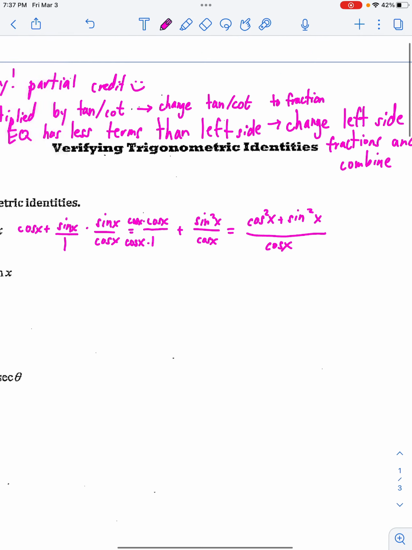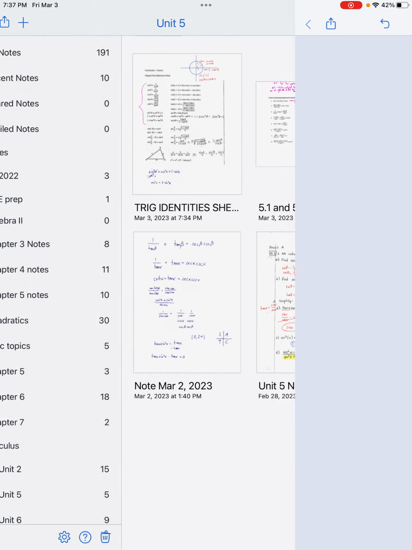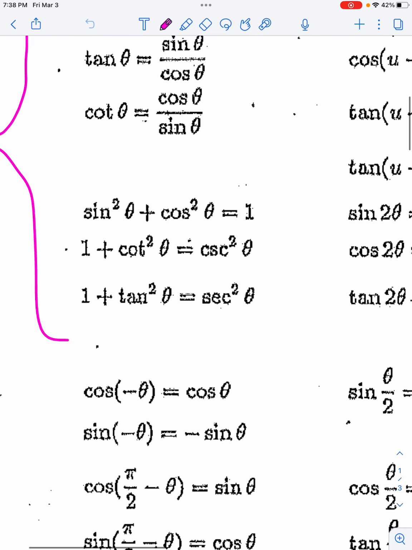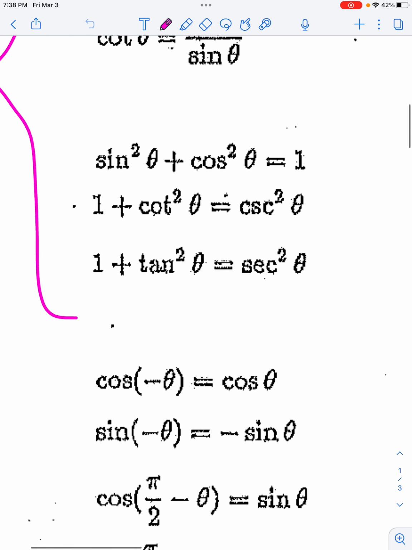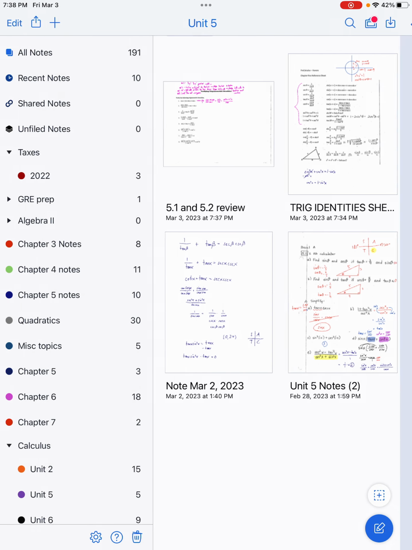Okay, this brings me to my next point. Number 4: look for and recognize these three. Sorry, terrible handwriting. I don't know what the name of them is, but look for them everywhere: sine squared plus cosine squared, or 1 plus cotangent squared, or 1 plus tangent squared, okay?